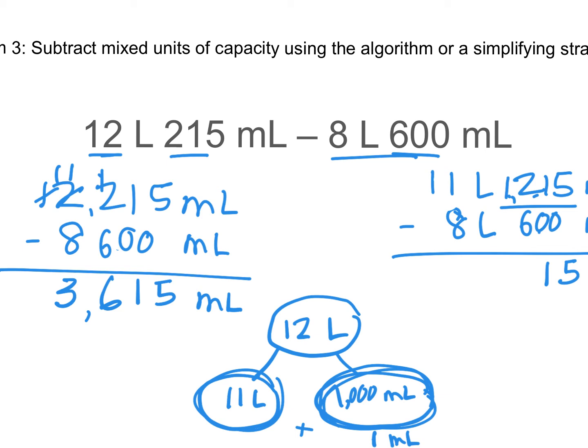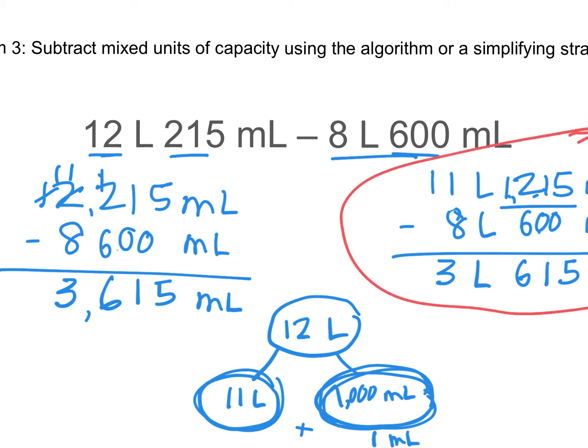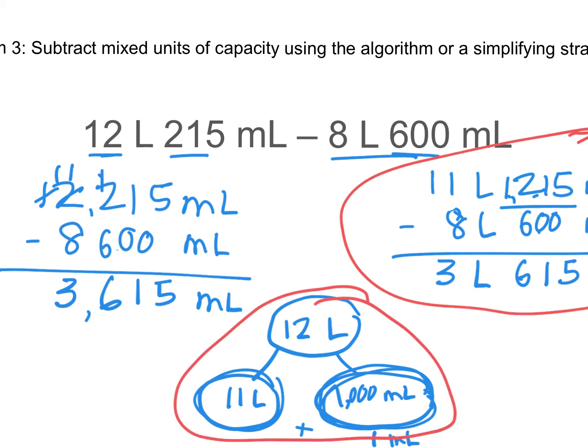And 12 minus 6 is 6. 11 minus 8 is 3. 3 liters, 615 milliliters. So actually, in the end, this one seemed to be easier for me once I converted and changed a little bit what I was subtracting. That worked a little bit better. So you need to figure out which is going to work best for you.